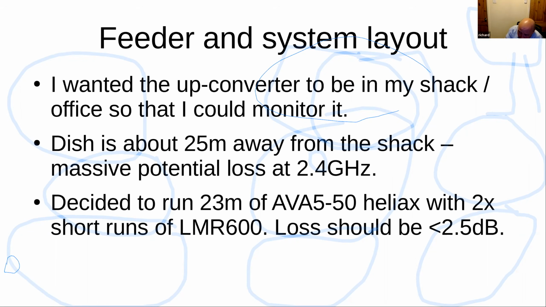So I decided to use Heliax for the main run, and then a couple of shorter runs of LMR600, which basically means that I can put a cable through the wall and I can actually bend it, because the problem with the AVA 5-50 is it's almost impossible to bend it.